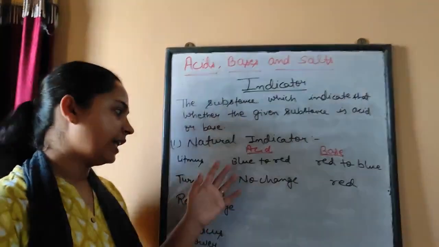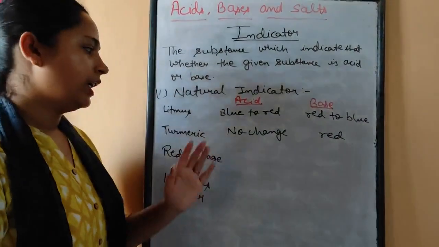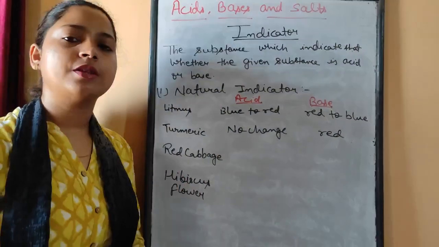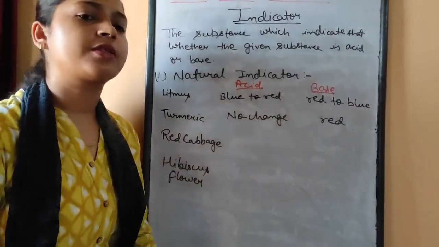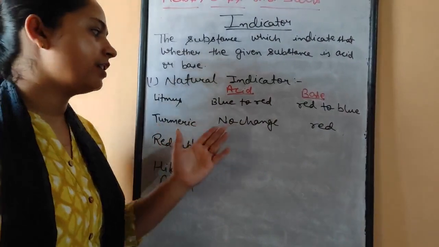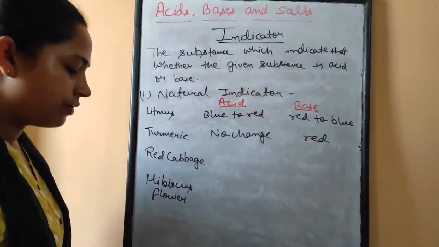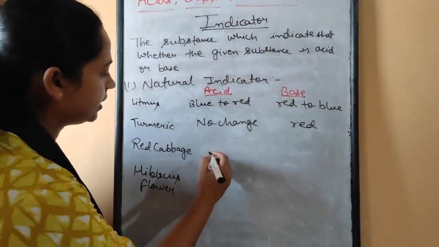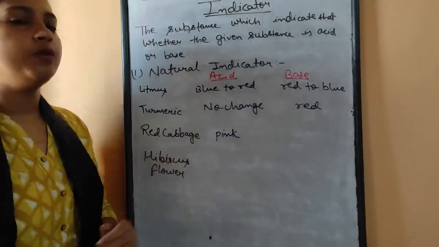So if we add the given substance in turmeric paste or powder or solution and there is no change, then the given substance is acid, and if there is a change in color then the given substance is base, and that change in color is yellow to red.